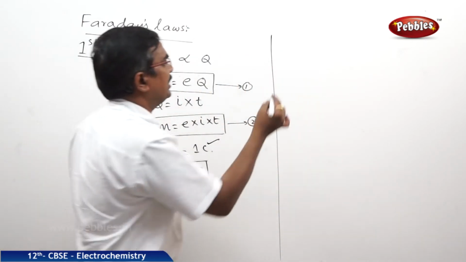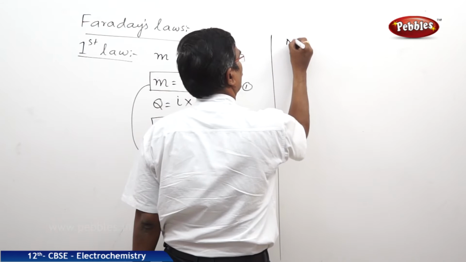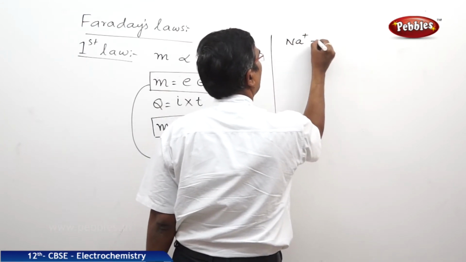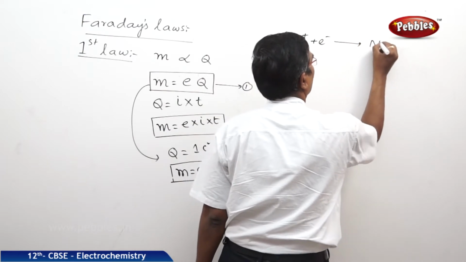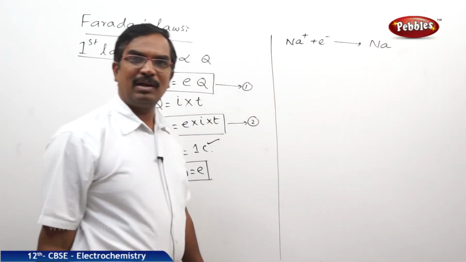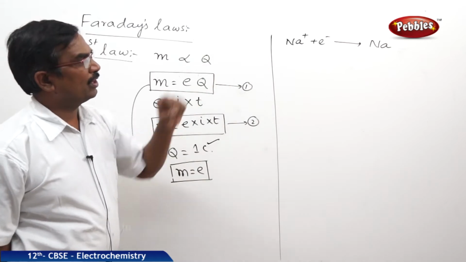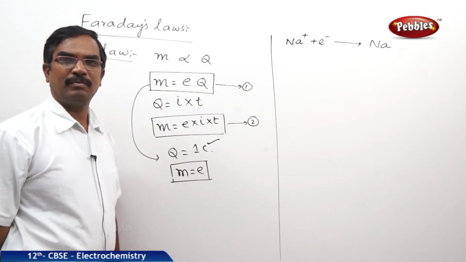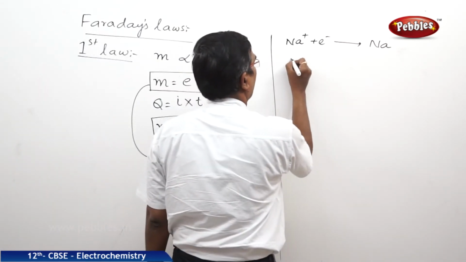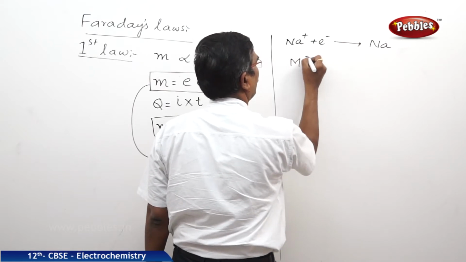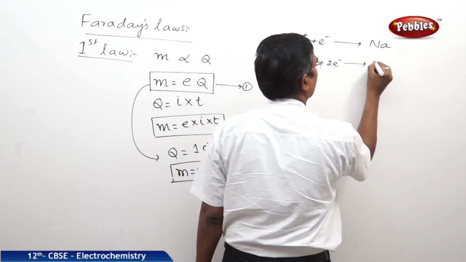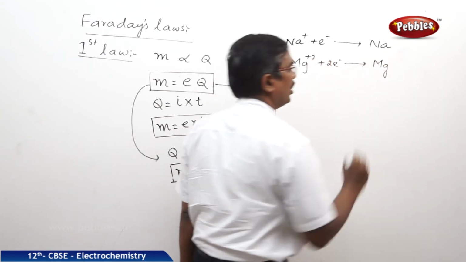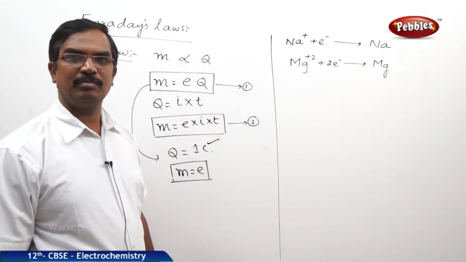For example, I am taking a metal ion, the sodium ion. The sodium ion, by taking 1 mole of electrons, will deposit or release about 1 mole of sodium metal. Or else if you take the magnesium ion, by taking 2 moles of electrons, this will release or form 1 mole of magnesium.